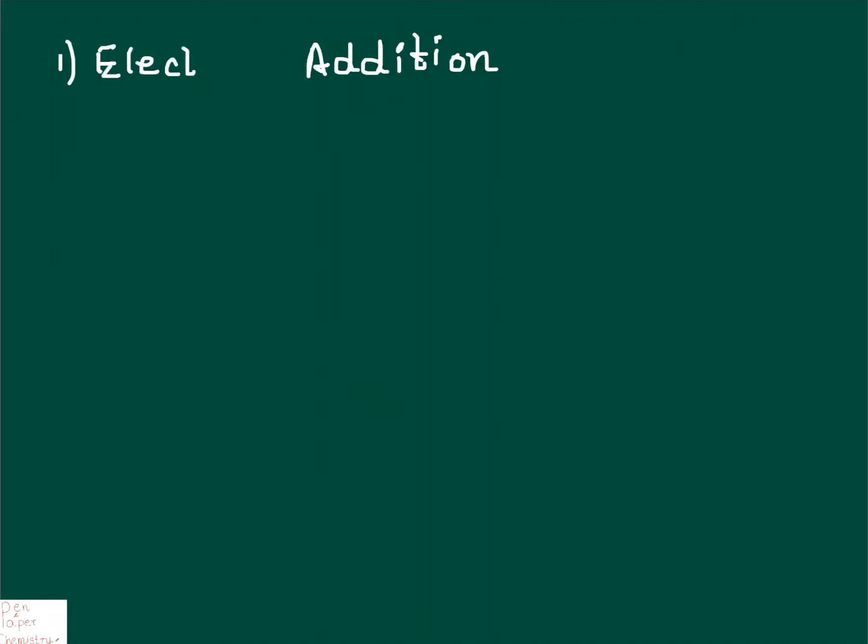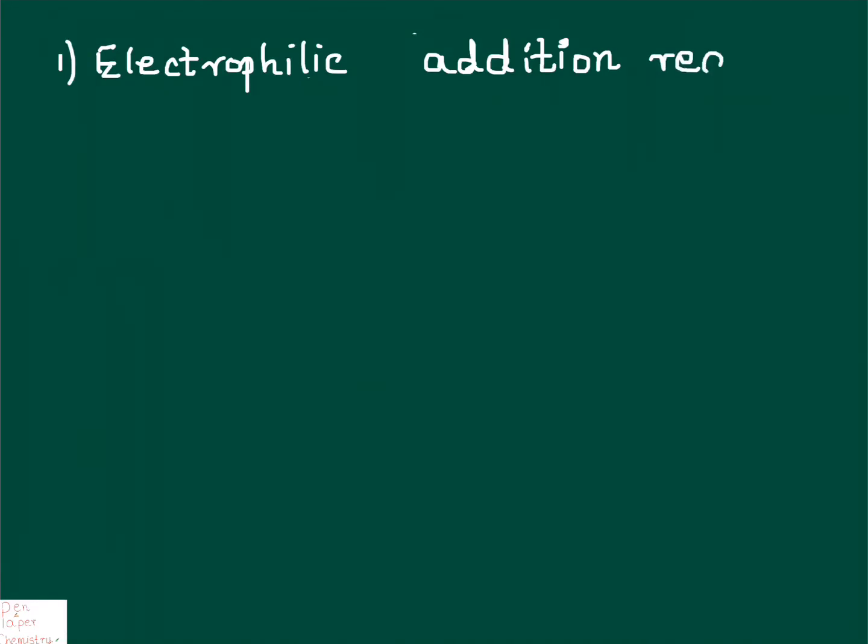Because the first attack is taking place by an electrophile, these are called electrophilic addition reactions. And amongst the properties of alkenes, these are the most important set of reactions undergone by alkenes.